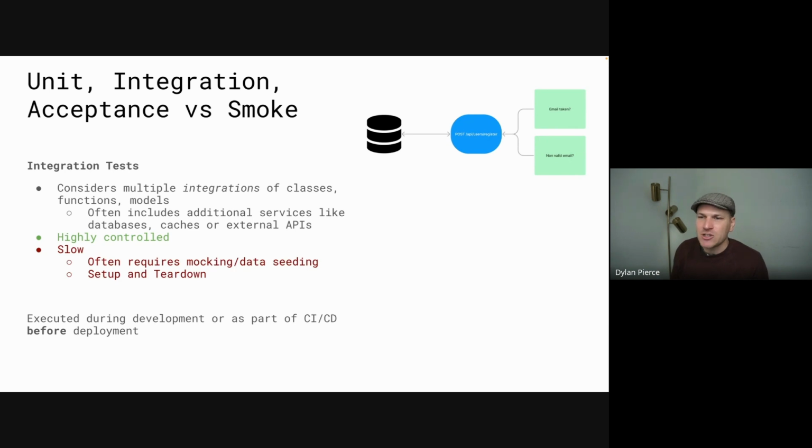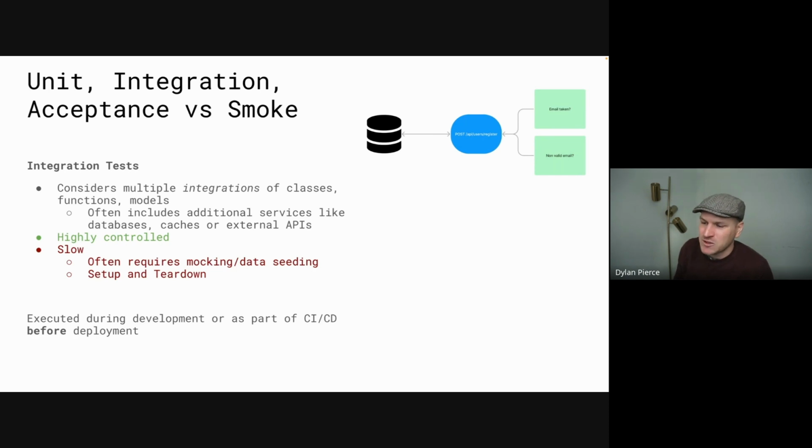So again, it's highly controlled, but it is kind of slow, not just for mocking all these services and clearing a database between each run or each scenario, but also doing the coding of setting up an API service, doing the coding of setting up a mock, tearing it all down between each test.